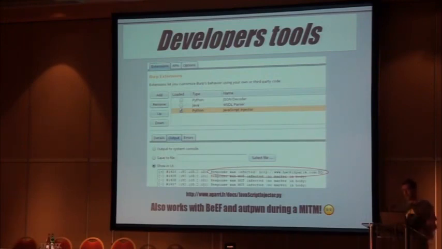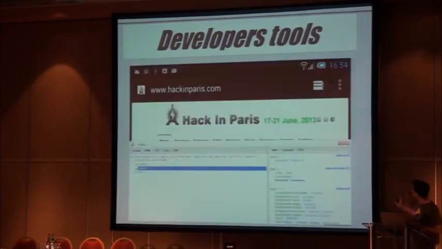So that's a mobile browser, and this is the Akamai Paris website, and I have a Firebug Lite loaded, so I can inspect the DOM and look for cross-site scripting strings and everything.